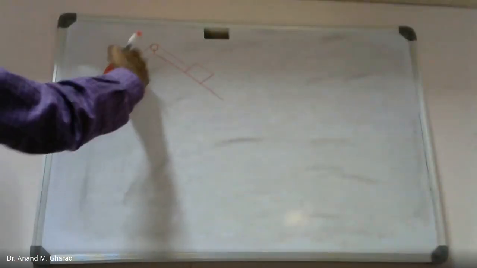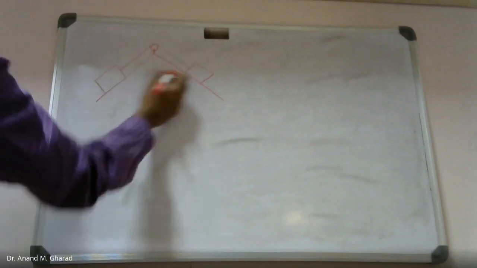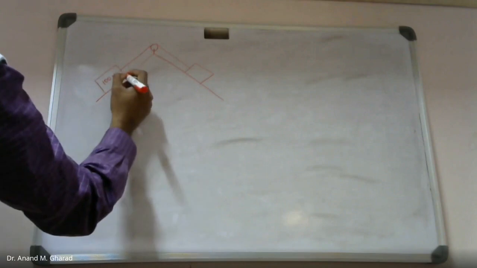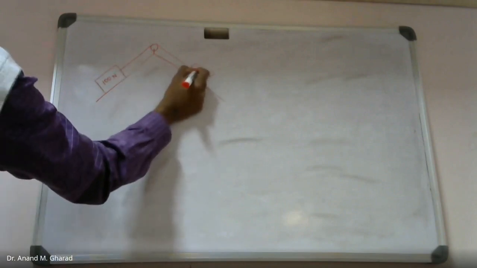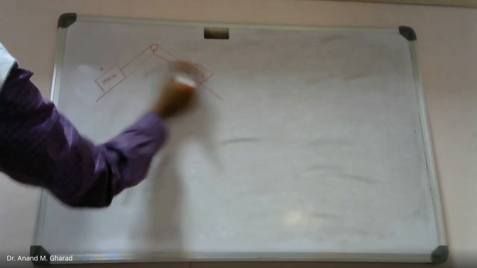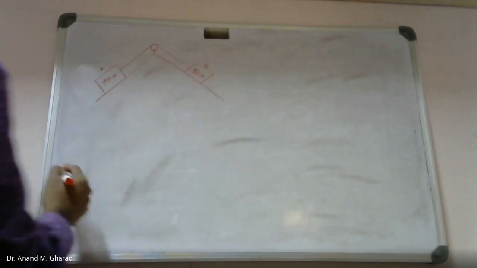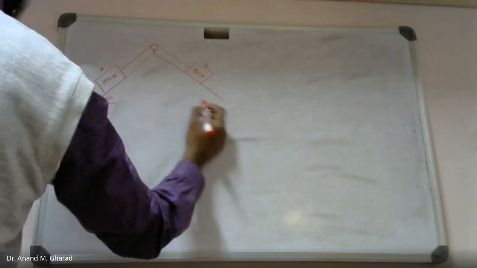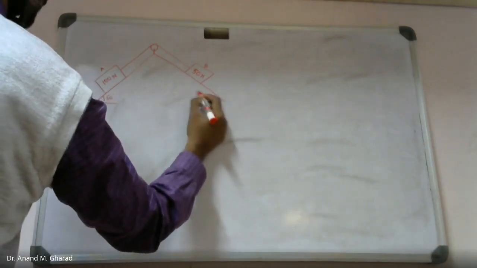These are two rigid bodies. They are held in position. Now, this is a 100 Newton load. This is a 50 Newton load. Let me call these block A and block B. This inclination is 60 degree. This is 30 degree.